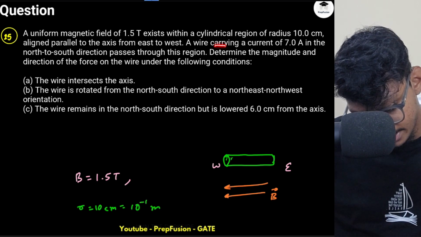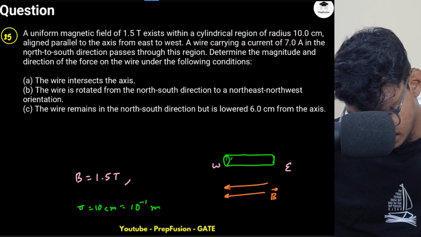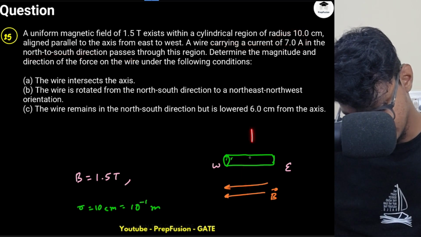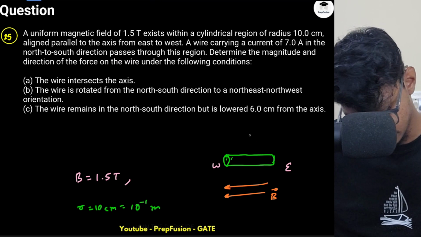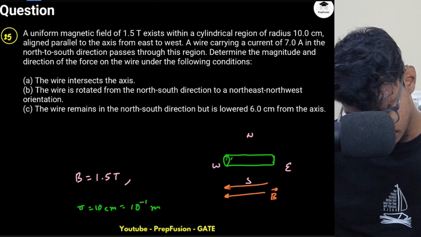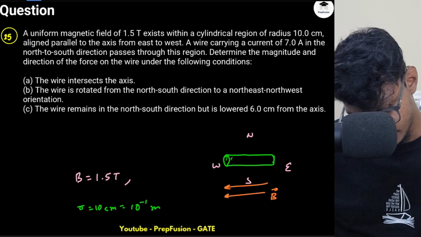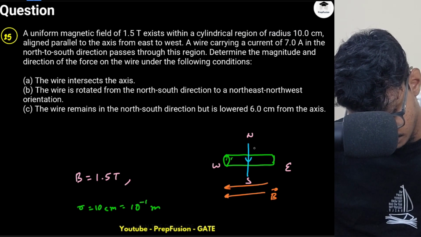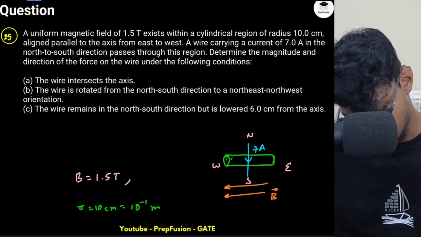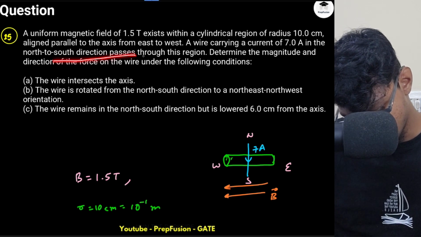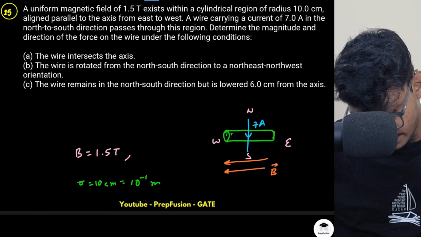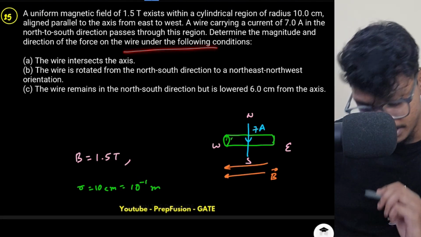A wire carrying a current of 7 ampere in the direction north to south passes through this region. North is here and south is here. So I have a conductor carrying a current of 7 amperes from north to south. Determine the magnitude and direction of the force on the wire under the following conditions.